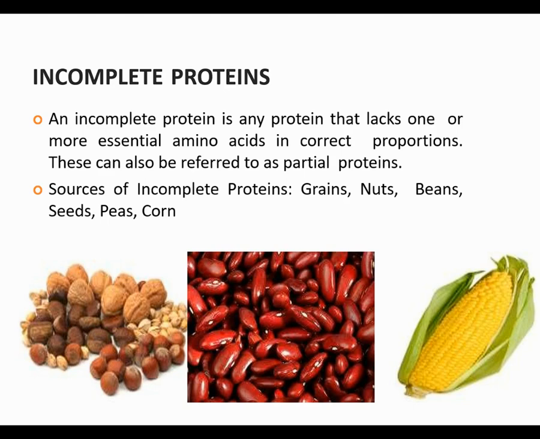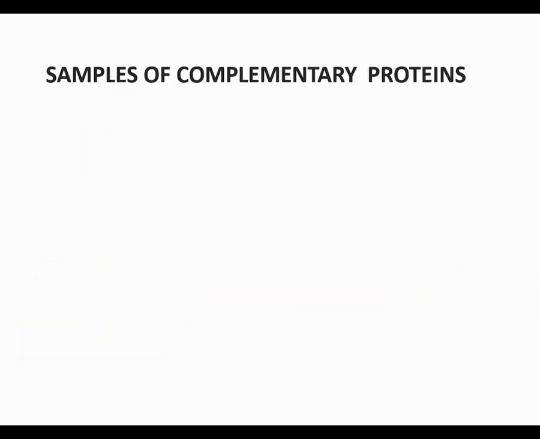Since we have issues about complete and incomplete protein, what normally happens is that we need to combine foods that contain two or more incomplete proteins in order for a complete protein to be created.